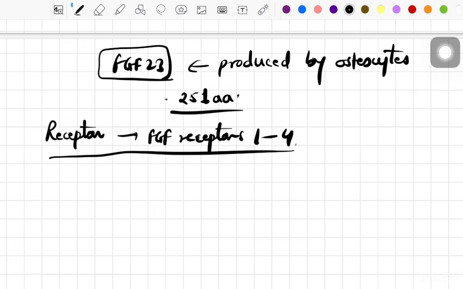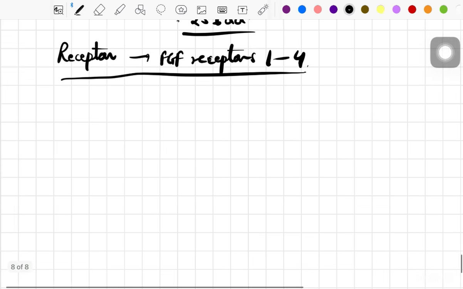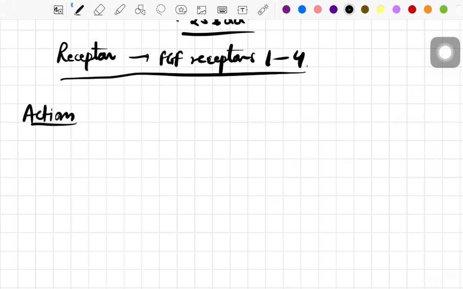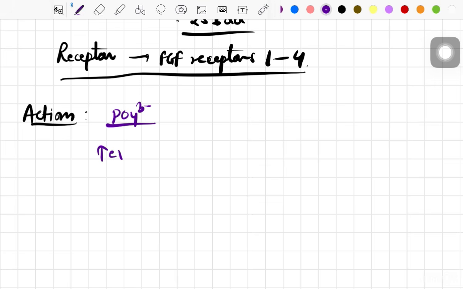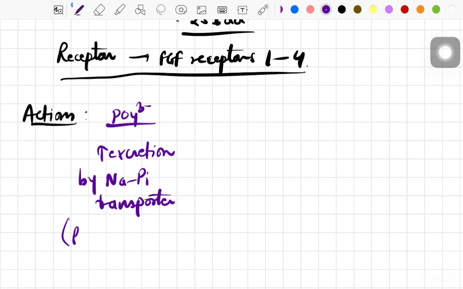These are the receptors over which FGF23 acts. And now looking at the actions of FGF23. Over phosphorus, the major action of FGF23 is that it increases excretion of phosphorus via the sodium phosphorus transporter, and hence it is a phosphaturic agent.